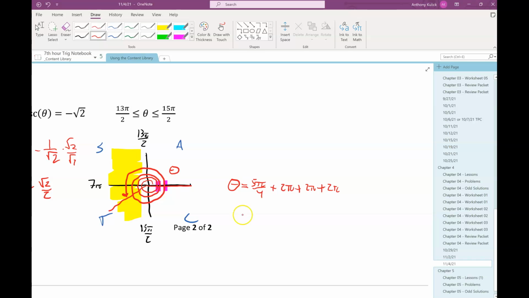So to add those fractions, I need to make a common denominator. What would the common denominator be in this case? 4. So I'd multiply 2 pi over 1 by 4 over 4. So those all turn into 8 pi over 4.